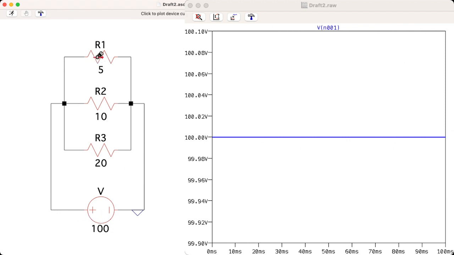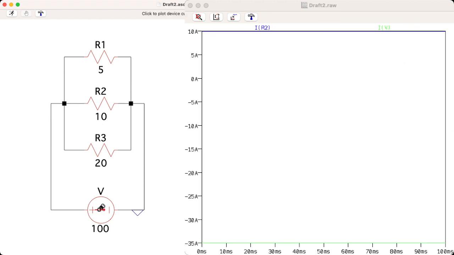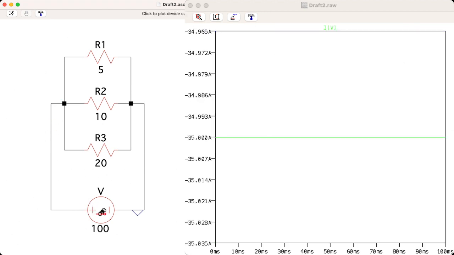The only thing is that the current is divided up. So the input current entering the node is 35 amperes. As you can see, it shows negative 35, because the current arrow is flowing in a negative direction, so that's 35 amperes.